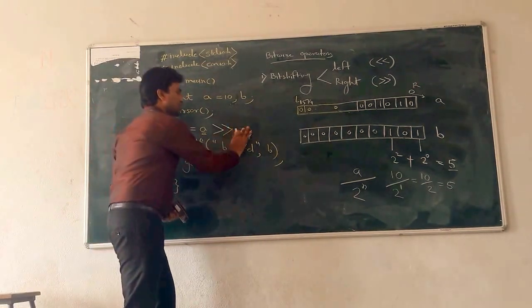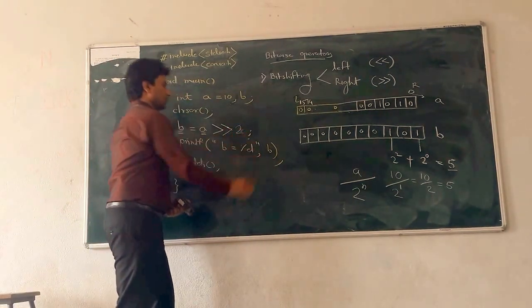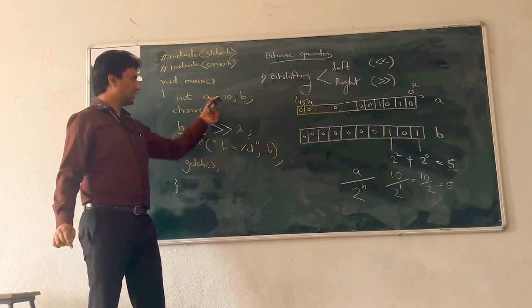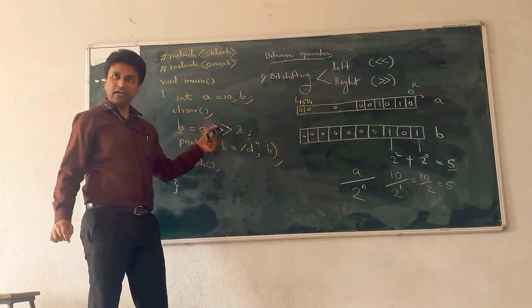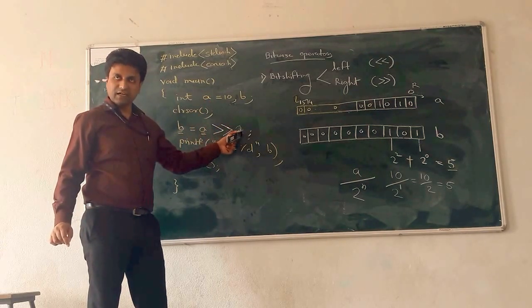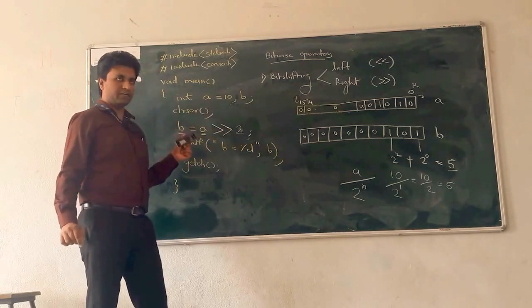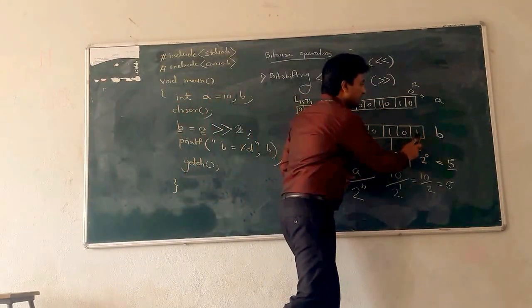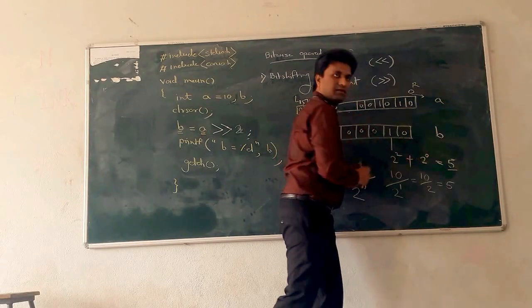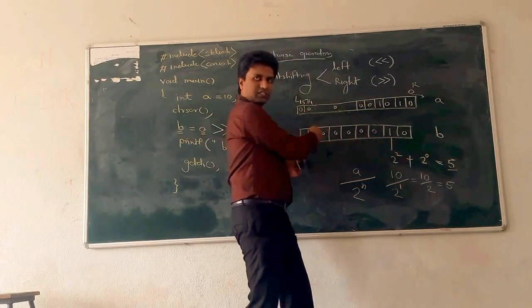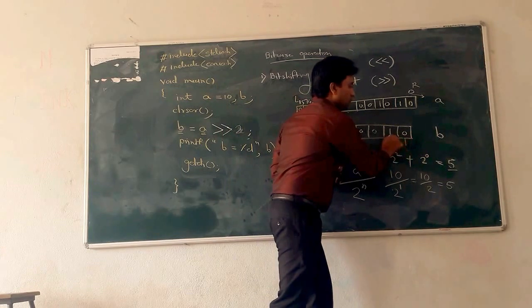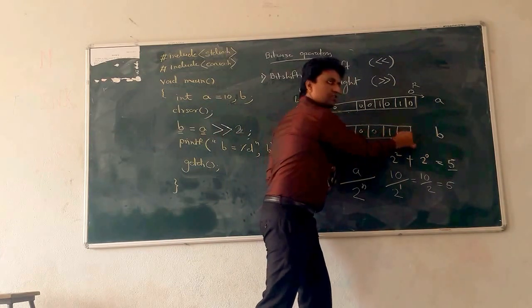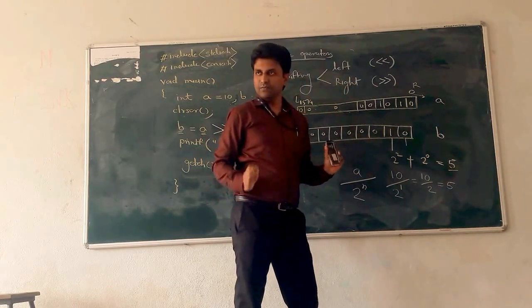Okay, so if number A, that is 10, is shifted right by 2 bits and the result is stored in the B variable, shifted by 2 bits means again this 1 is discarded and 0 is inserted from this side. So the number becomes 0, 0, 0, 1, 0. That is the number remaining.